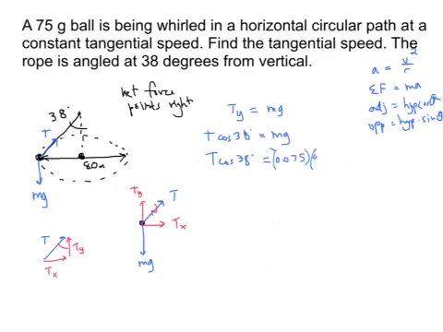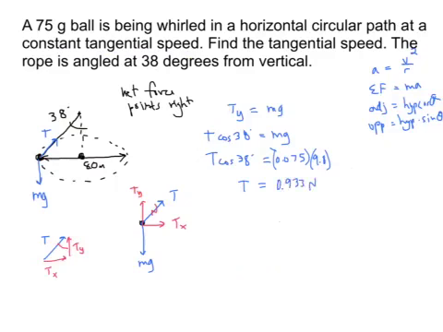For g, I have to put 9.8 here. So we divide both sides by cosine 38 to solve, and let's see what we get. We have 9.8 times 0.075 over cosine of 38, and that's 0.933 newtons.